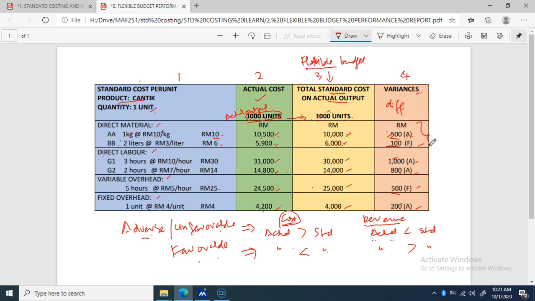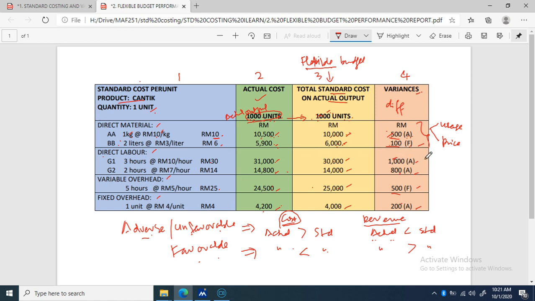So this cost may change or be different, maybe because there are changes in usage of material. Maybe you do not use 1 kg, you use more than that. Or maybe the change is because of the selling price. So the price of material may change, that's why the cost will change. So we have to analyze in detail under variance analysis after this.